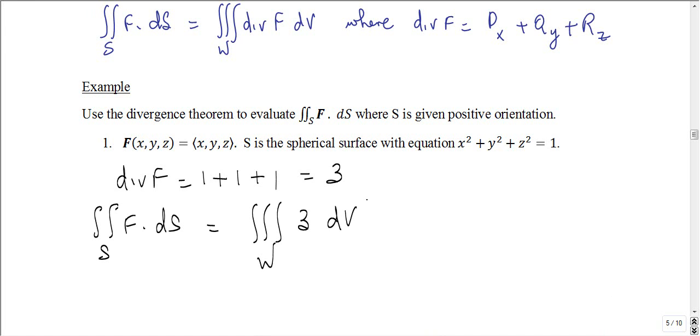But what is W? What kind of surface is W? It's a sphere, right? Now, by the way, let me write this as, and you will see why I'm trying to look for shortcuts and tricks. I'm going to take this 3 and put it outside the integral.